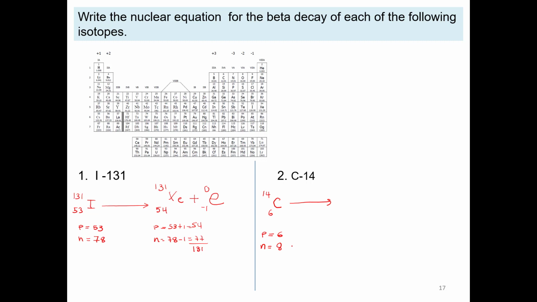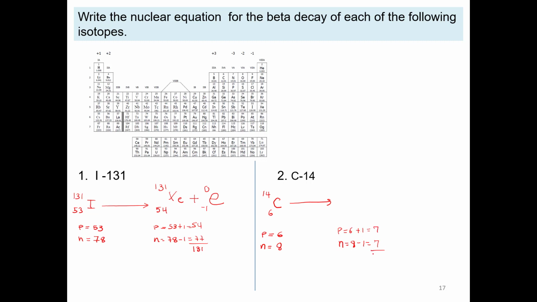Then when the beta decay occurs, we know one neutron is converted into a proton. Then for the new element we have 8 minus 1, which is 7. We lose one neutron but gain one proton. There will be 6 plus 1, which is 7.